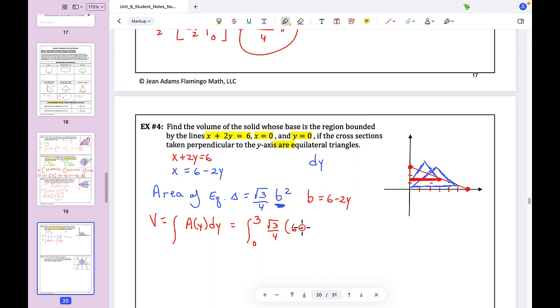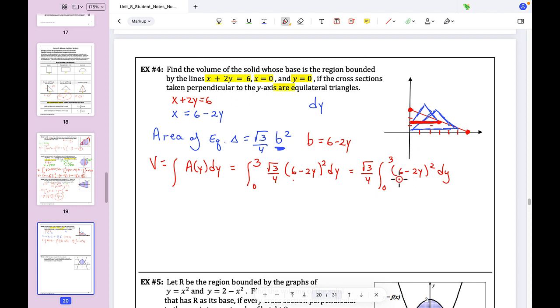So that's (6 - 2y) squared dy. Now we can bring the square root of 3 over 4 out, with the integral from 0 to 3 of (6 - 2y) squared dy.